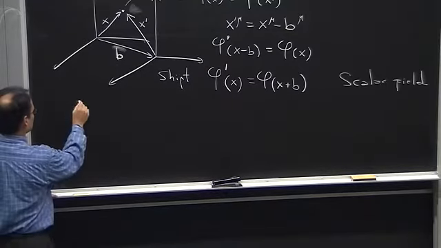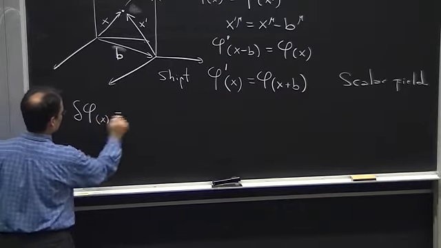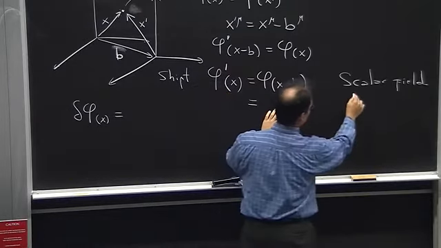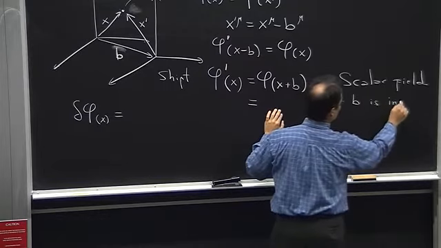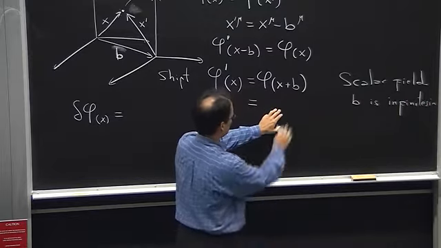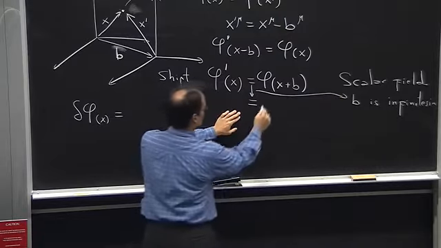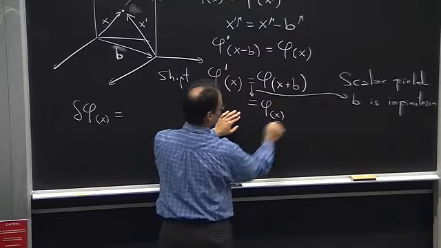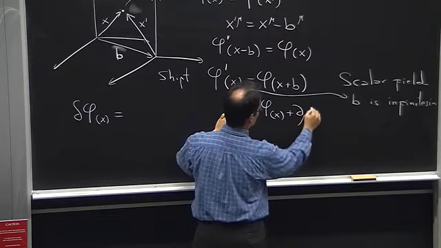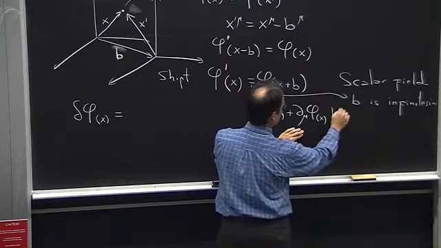Now, under this transformation, if we ask what's the variation of the field, what do we have to do? Well, we have to Taylor expand this, assume that b is infinitesimal, okay? So from here to here, we're assuming that b is infinitesimal. So we can Taylor expand this. If we Taylor expand this, we're going to get something that looks like the derivative at x times our infinitesimal quantity.